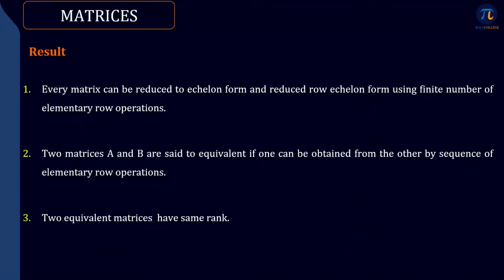Now before learning the Gaussian elimination method and Gauss-Jordan elimination method, let us learn the following 3 important results. The first one is: every matrix can be reduced to echelon form and reduced row echelon form using a finite number of elementary row operations.